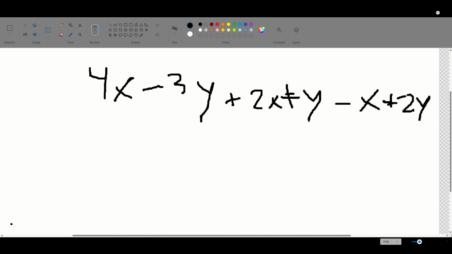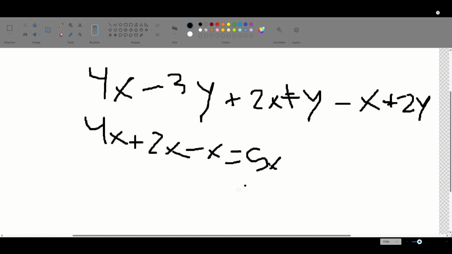So this is going to get really simple. What you're going to want to do is rearrange this so that it's 4x plus 2x minus x, which is going to be 5x. Then you're going to add 5x plus 0y.